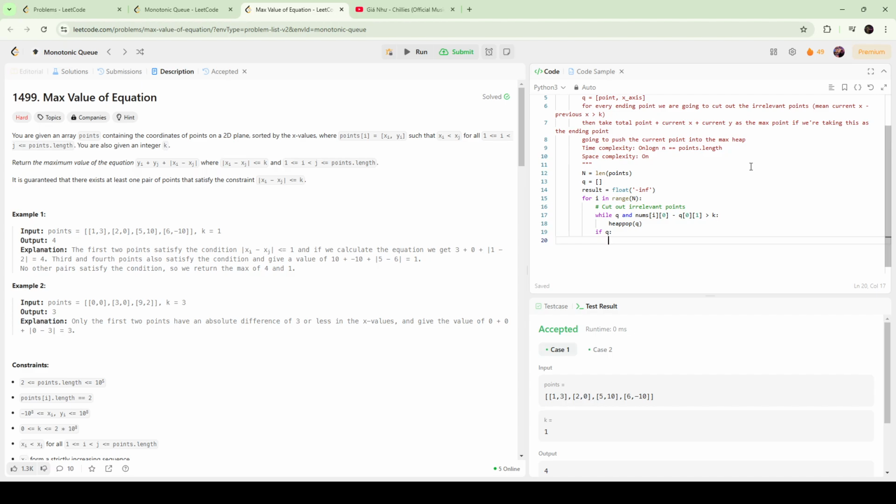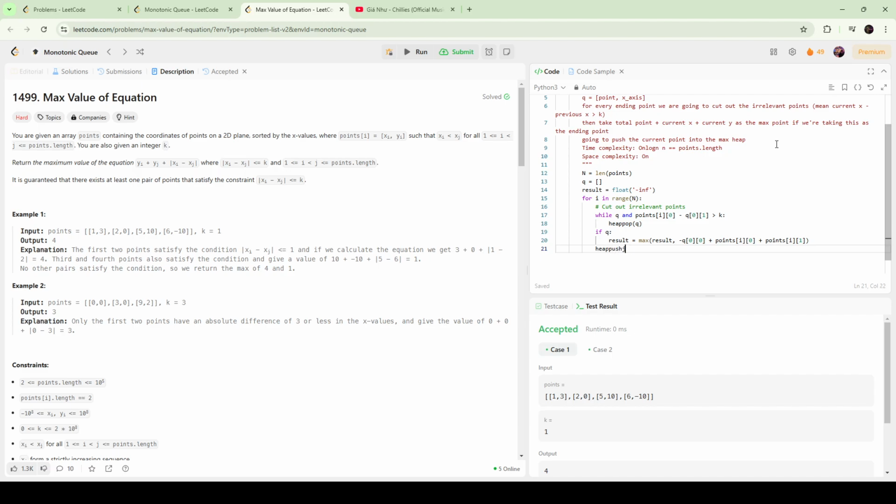Then result is going to be equal to max of result and minus Q[0][0] plus points[i][0] plus points[i][1]. And then the last thing we are going to do is push the current point to the max heap.